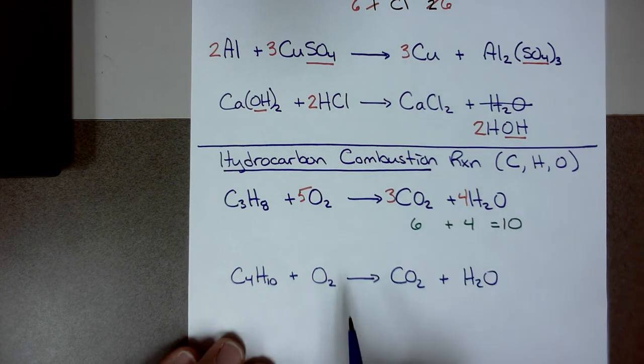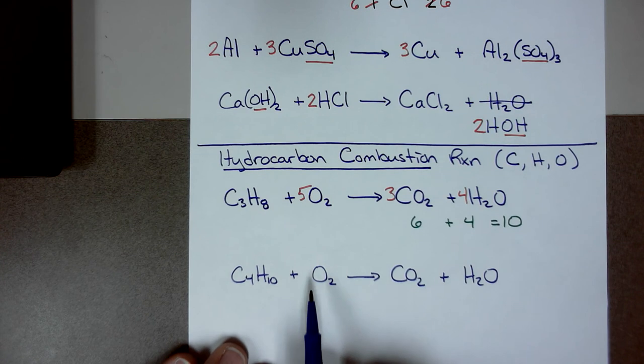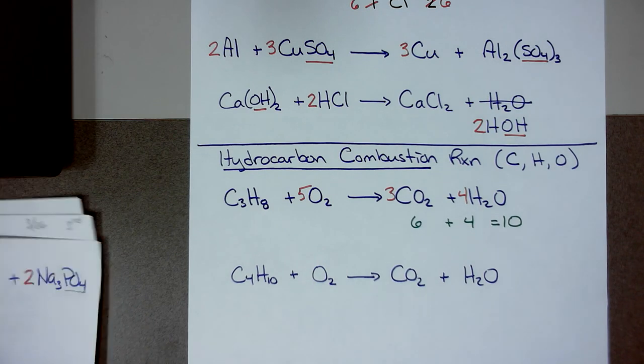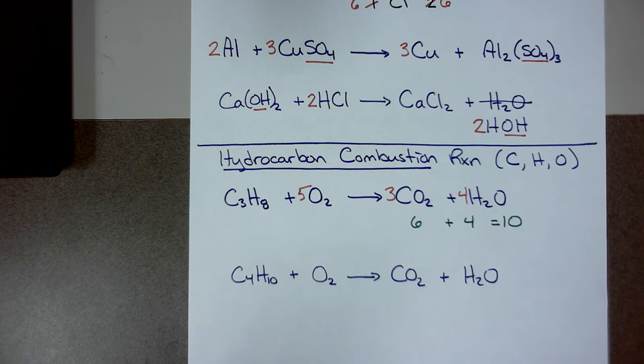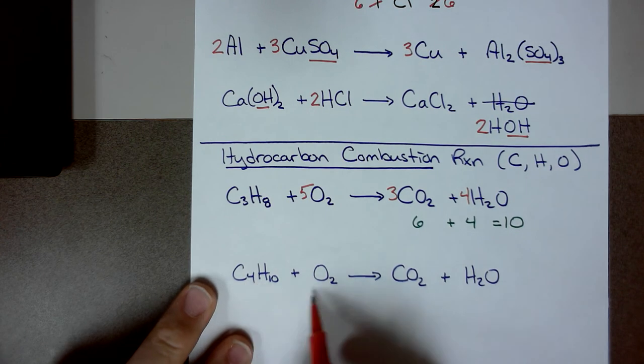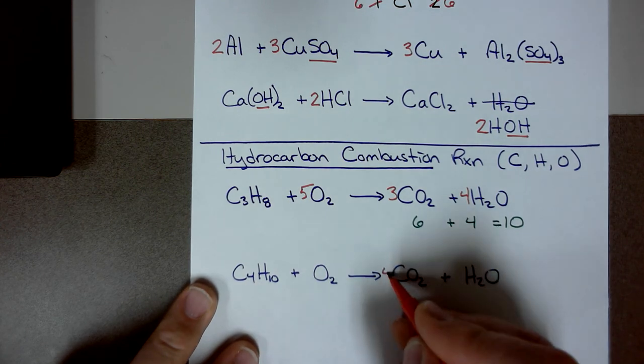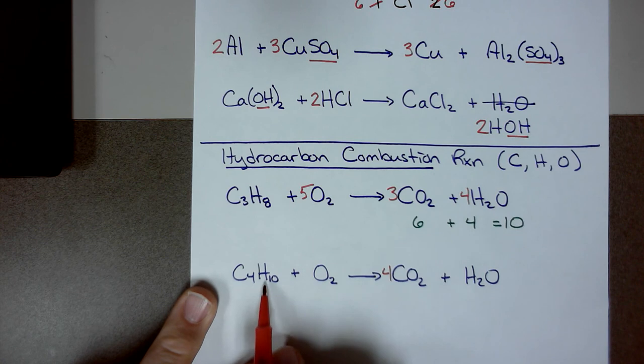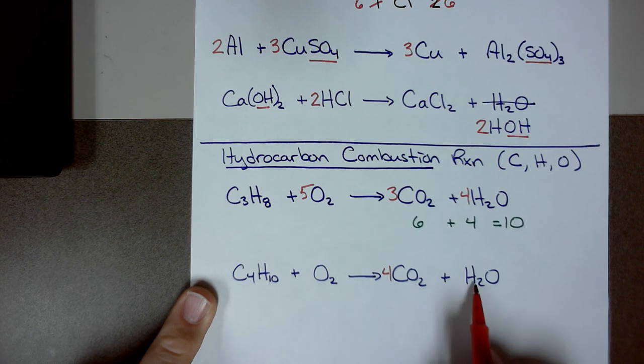Now if I look at this, I notice that I'm going to start with carbon first. So I've got 4 carbons. On this side I've got 1, so I put a 4. Go to hydrogen. I've got 10 hydrogens. I've got 2, so I put a 5.